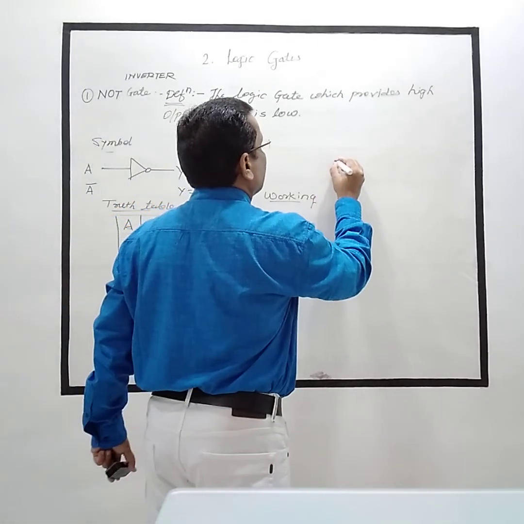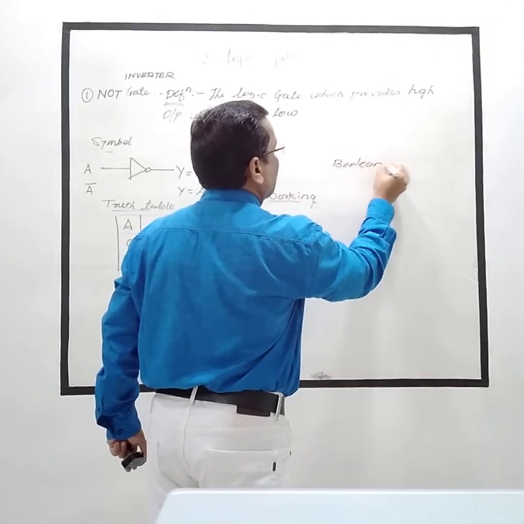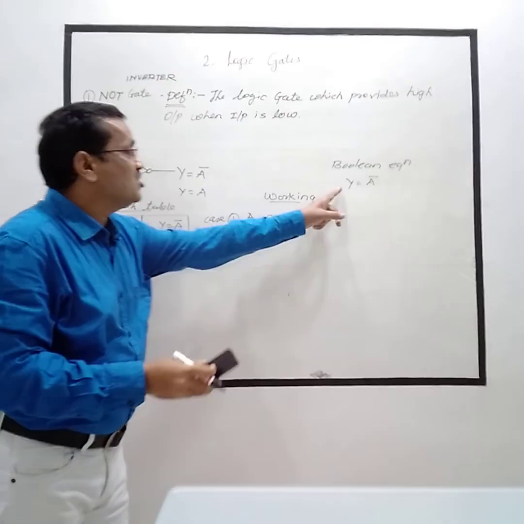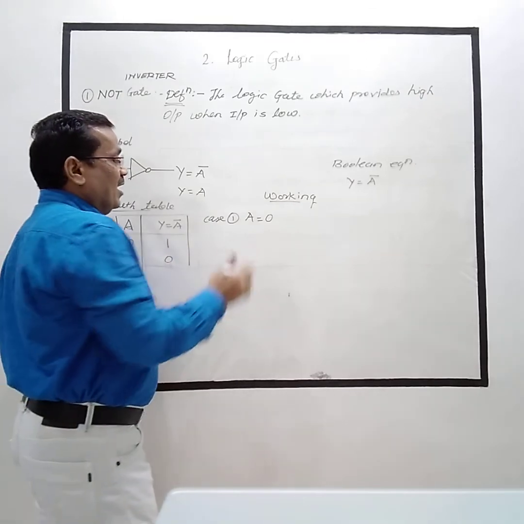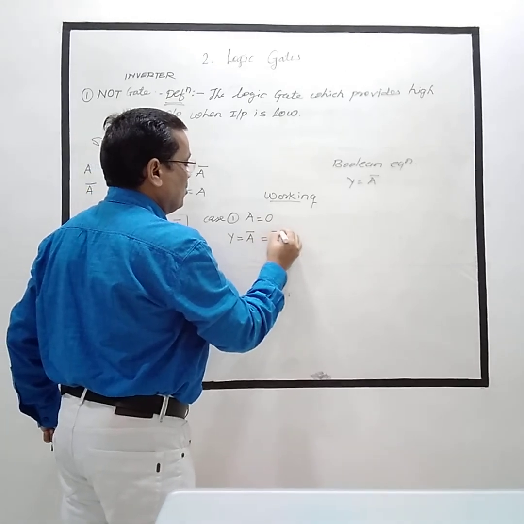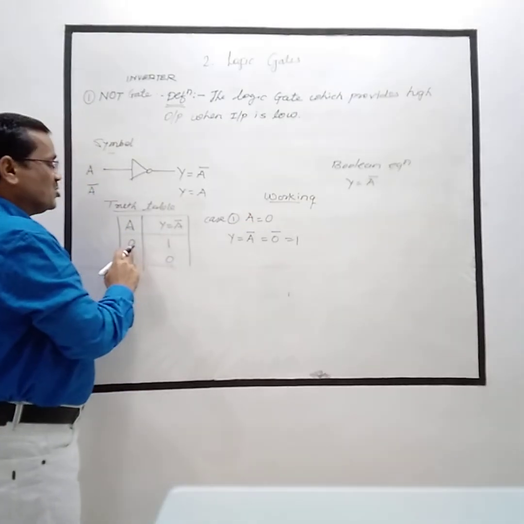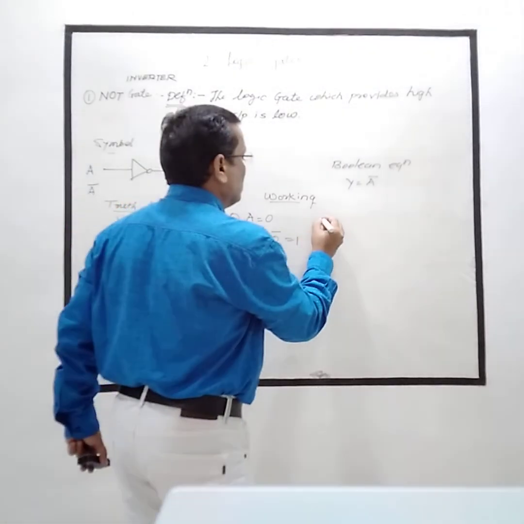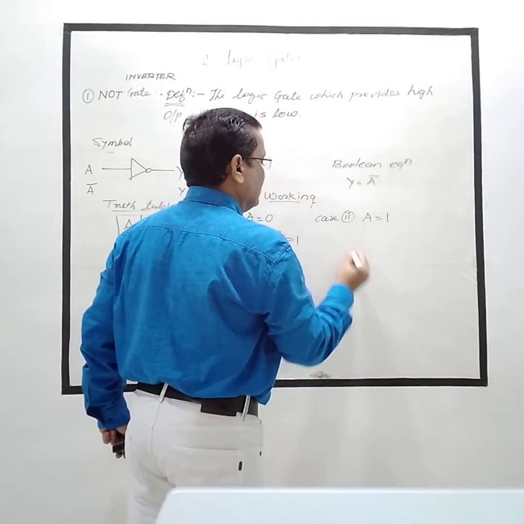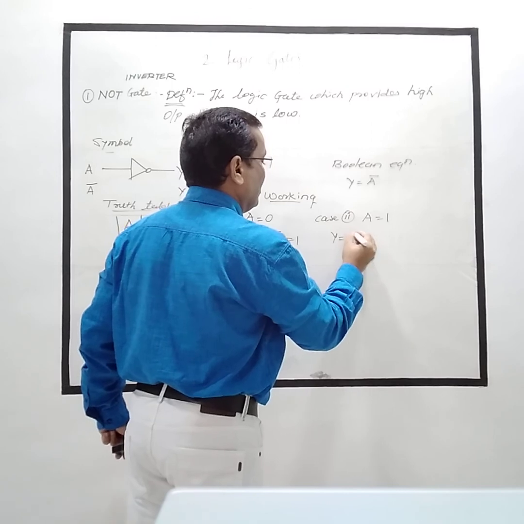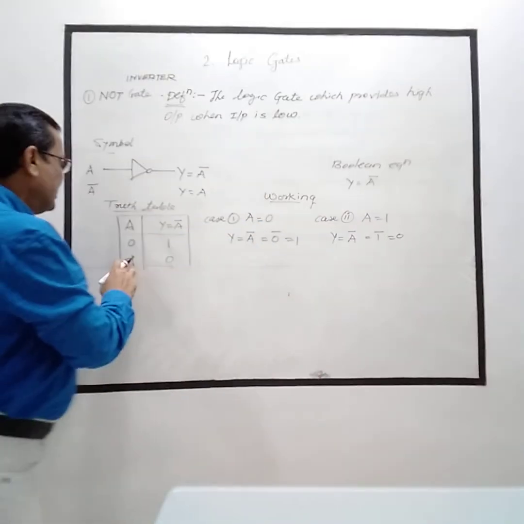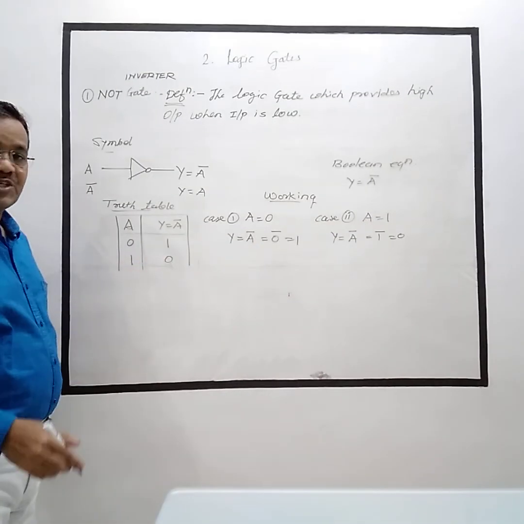According to the Boolean equation, Y is equal to A complement, that means output is equal to the complement of input. So Y is equal to the complement of 0, that is equal to 1. So if A is equal to 0, Y is equal to 1. And case 2: A is equal to 1, then the complement of 1 is 0. That means when A is equal to 1, output is 0.